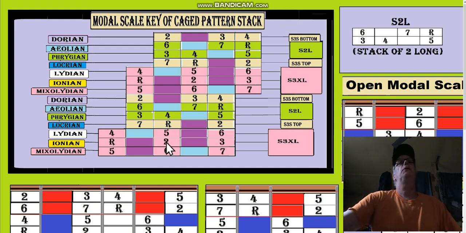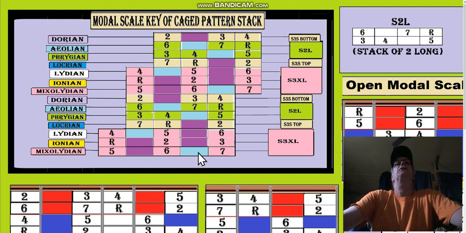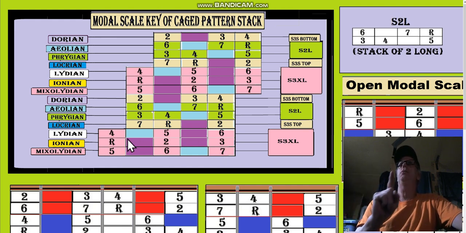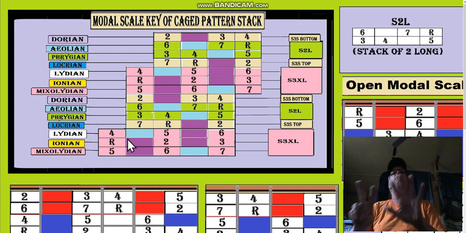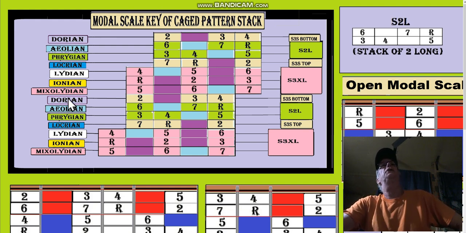So that's the modal. This is where this came from, but it also came from wanting to access all of these scales, every single one of them, all seven of them: Mixolydian, Ionian, Lydian, Locrian, Phrygian, Aeolian, and Dorian.